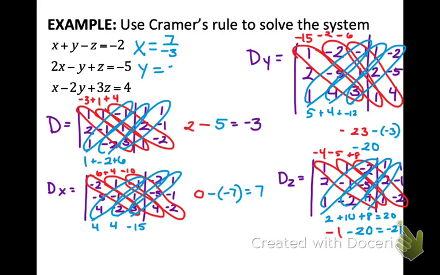It's gonna be like 20 over -3, so +20 thirds. What's my z going to be? -21 over -3, which is 7. So I got the triple order of -7 thirds, 20 thirds, and 7.